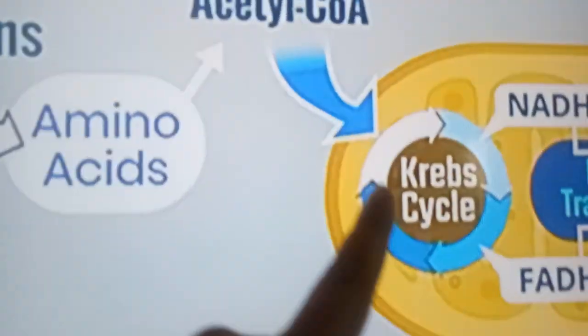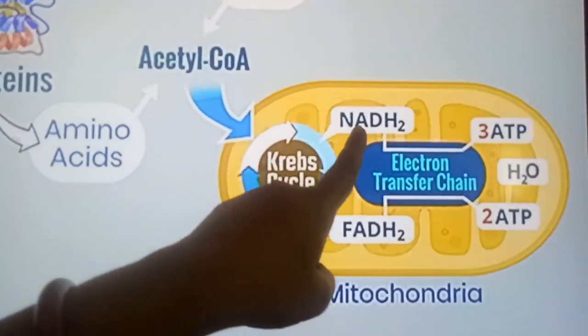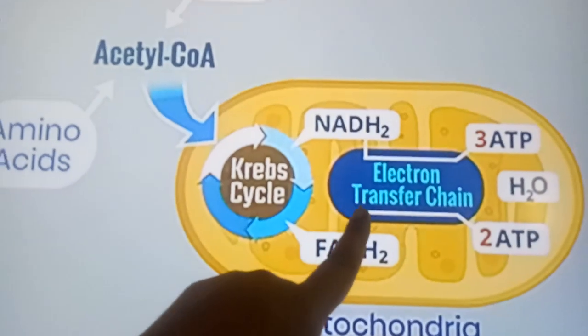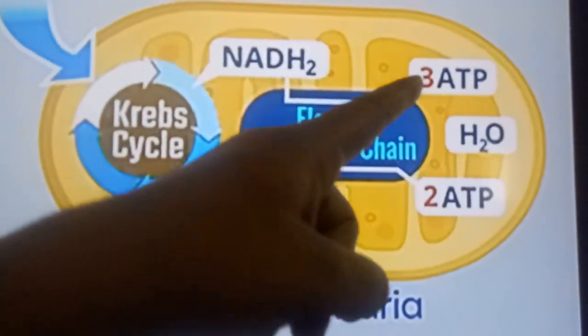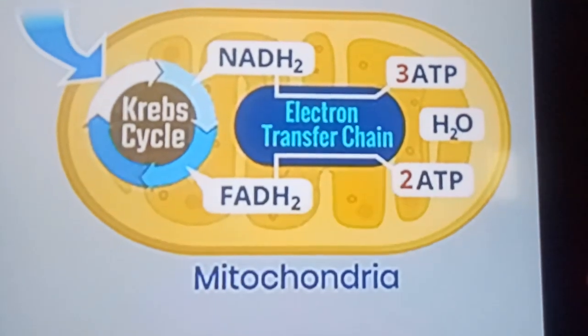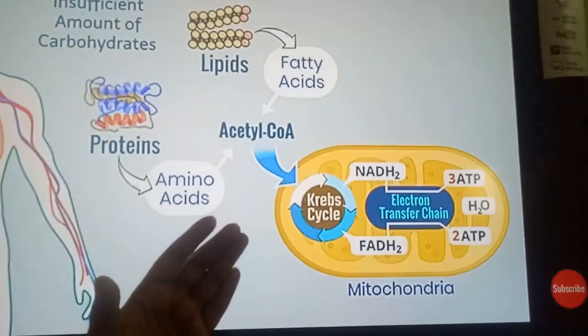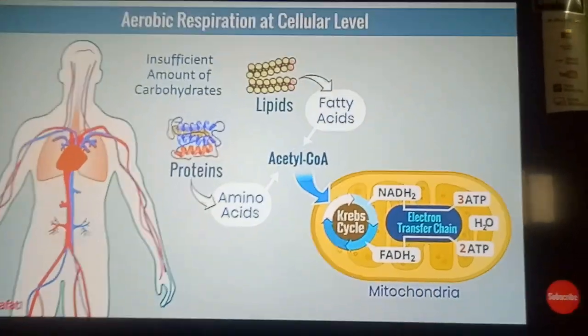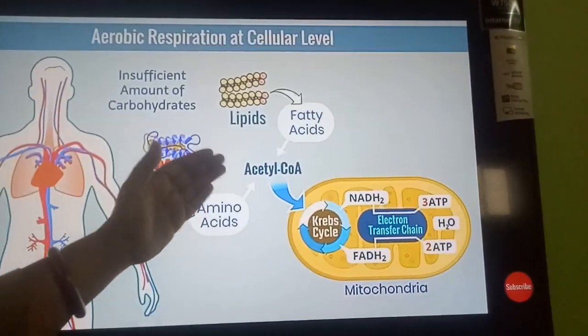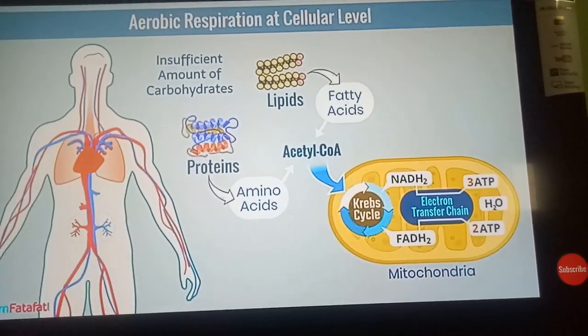The acetyl-CoA will go into the mitochondria, into the Krebs cycle, which is connected to NADH2 and FADH2, and then by the electron transfer chain we get 3 molecules of ATP from NADH2 and 2 molecules from FADH2. This is how the process takes place in mitochondria. So it is not necessary that we require only carbohydrates every time. Even from lipids and proteins, cellular respiration can take place.